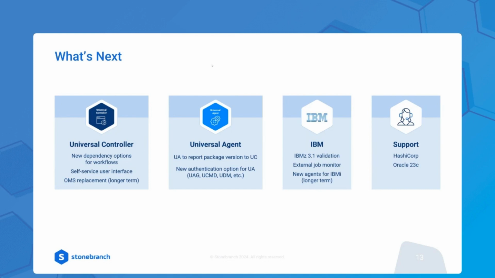We're looking at a new interface for the product geared towards line of business users that need to do things like submit their own jobs with parameters, or maybe review schedules that run regularly, look at output, potentially even some operational activities, such as doing rerun and canceling.